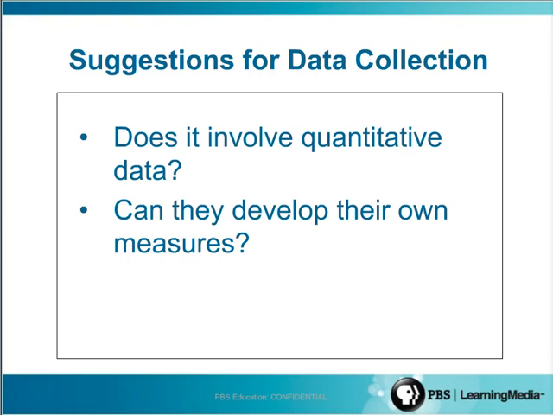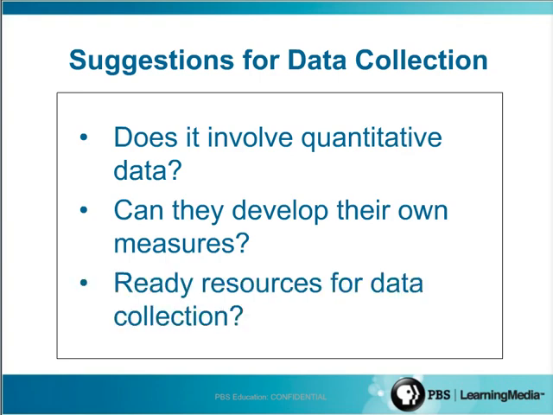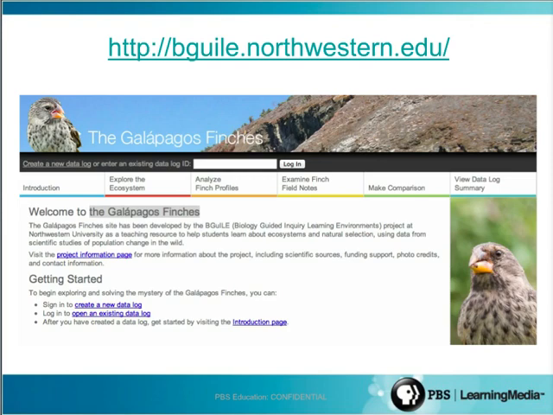And then there's lots of ready references for data collection. There might be labs that you already have. If we have time, we may see something on Teacher's Domain or on PBS Learning where there's some great lesson plans that are already there. There's some on using materials and data collection. There were a couple that we were introduced to at the SLI: the Beguile tool, the Galapagos finches.